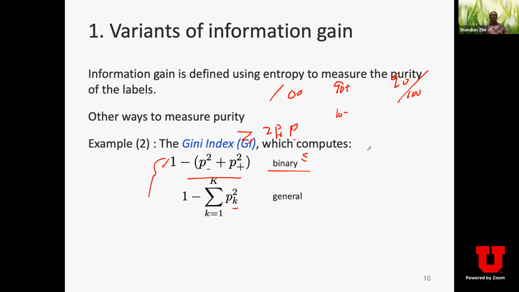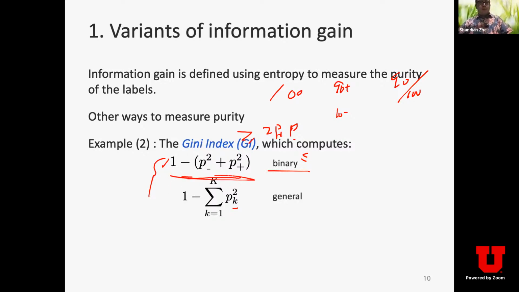So if we take a look at the other side, when is Gini index the smallest? You have all on one label. Yes, you either have all examples as positive or all examples negative, then your Gini index is 0.